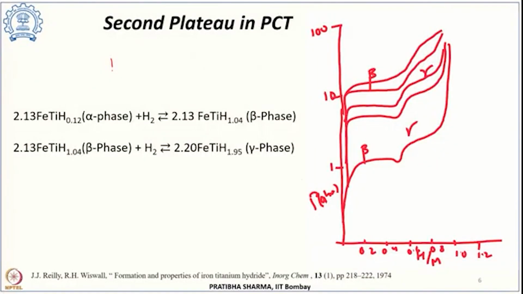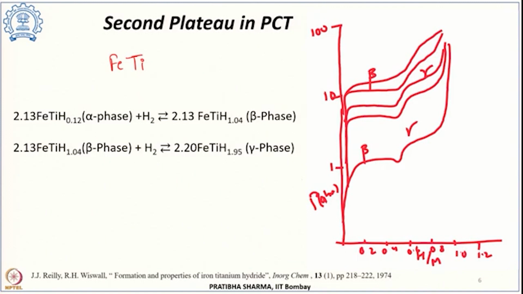One more deviation could be that in certain metal hydrides, like the iron titanium type of metal hydride, it is observed that instead of having one plateau, there are two plateaus. There is one plateau at a lower pressure, and then there is another plateau, which is at a higher pressure or at a higher concentration.